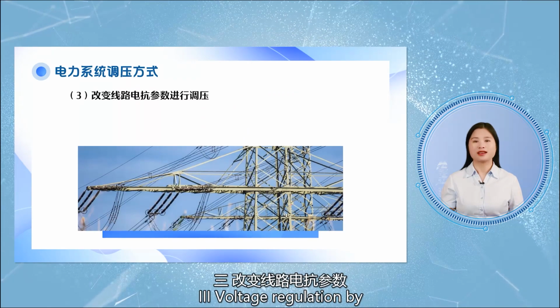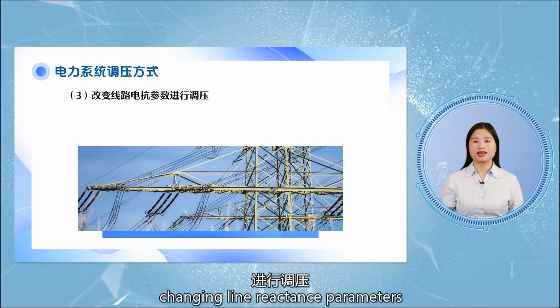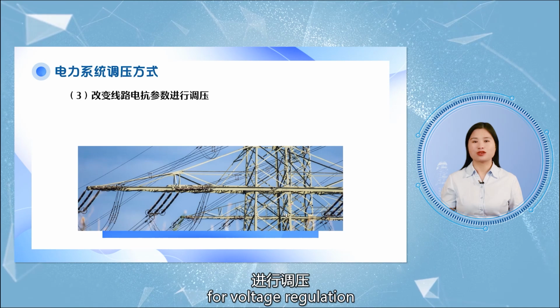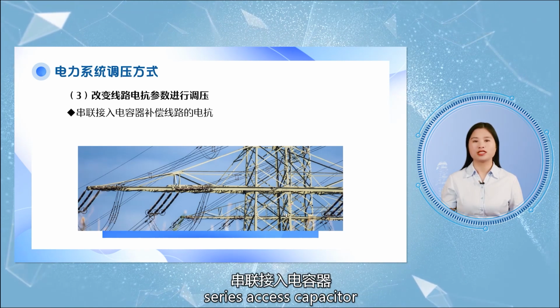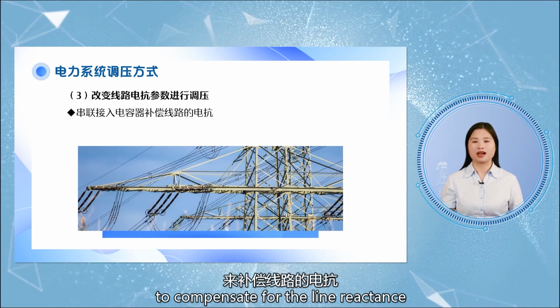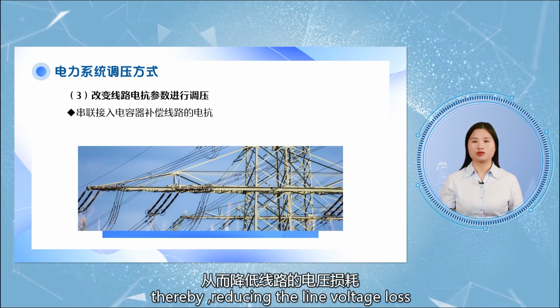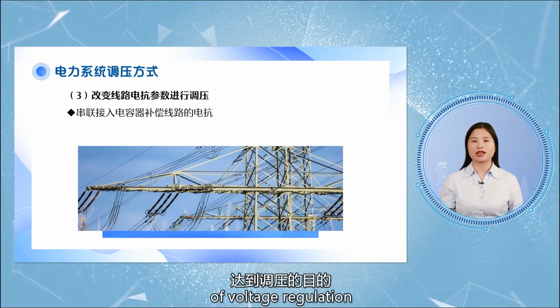3. Voltage regulation by changing line reactance parameters. Changing the line reactance parameters for voltage regulation means connecting a capacitor in series in the transmission line to compensate for the line reactance, thereby reducing the line voltage loss and achieving the purpose of voltage regulation.